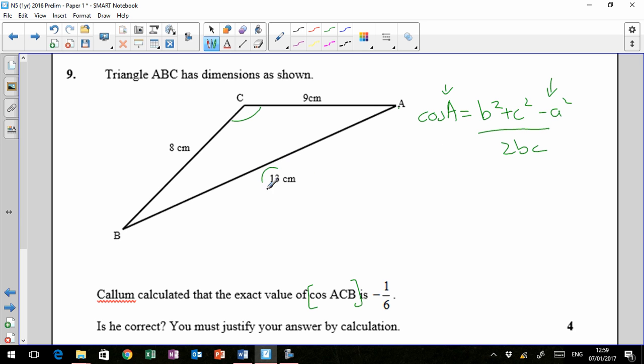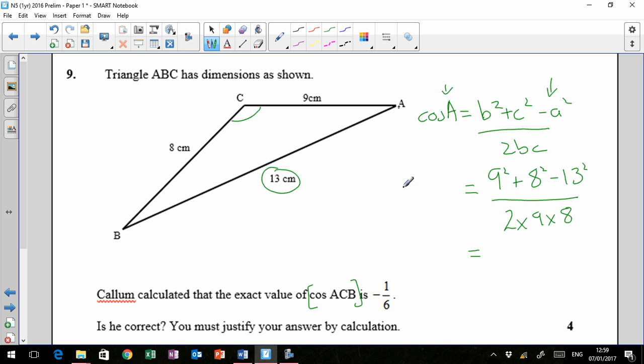So we're working with this angle, so the 13 has to go in the end there. Okay, so b squared and c squared can be 9 and 8. It doesn't matter which way round, so it's 9 squared, add 8 squared, subtract 13 squared, all over 2 times 9 times 8.